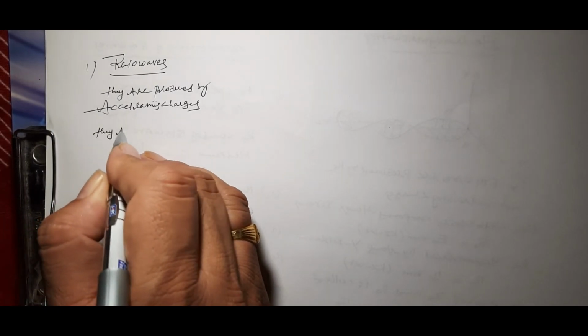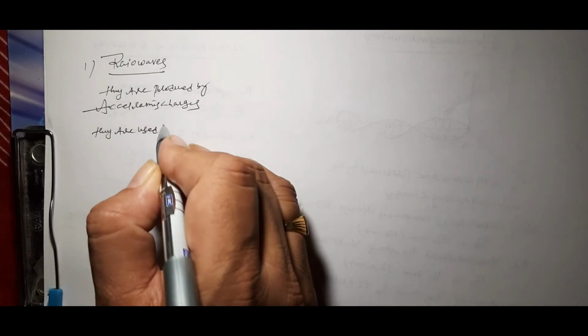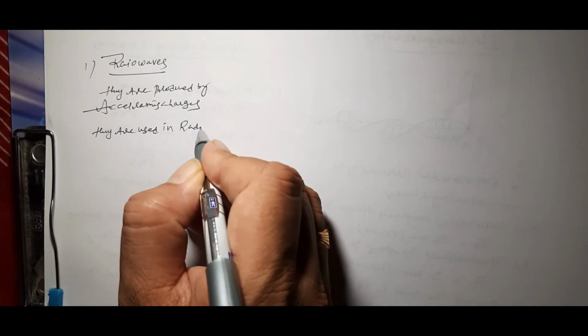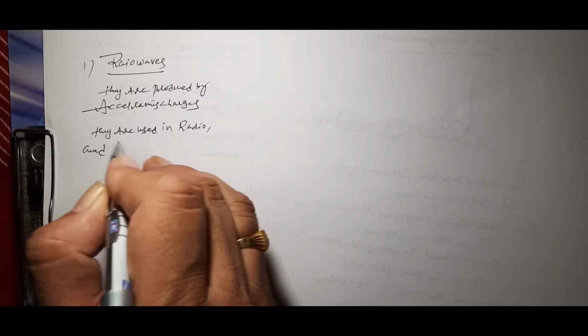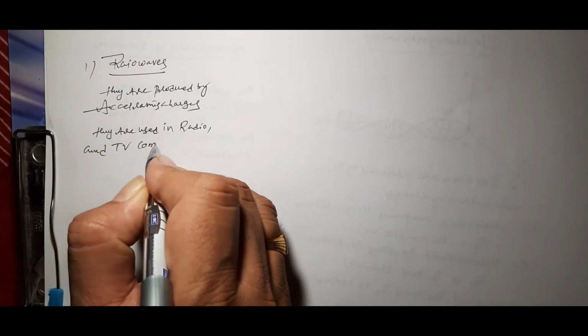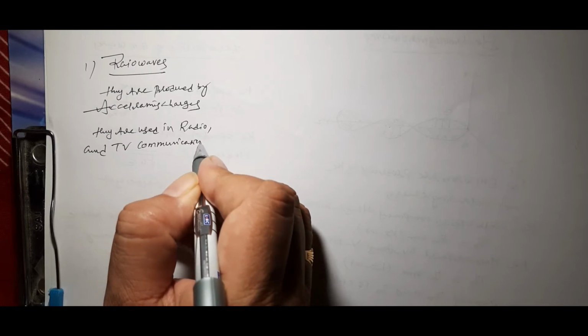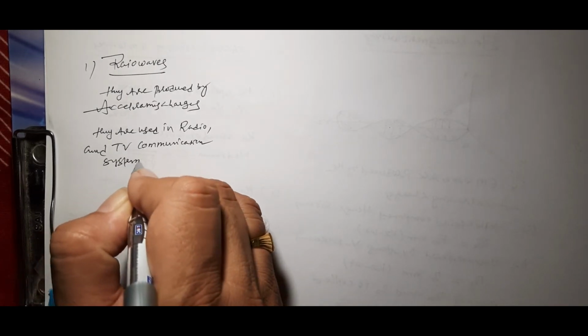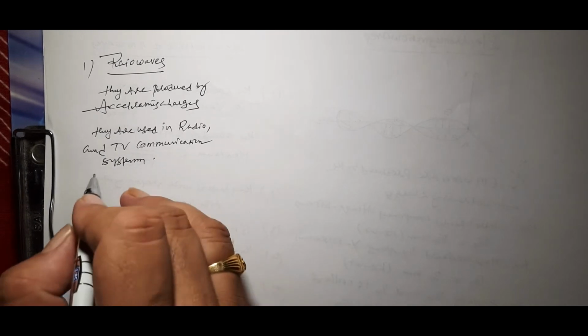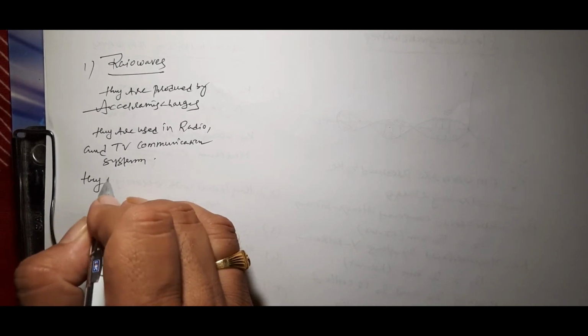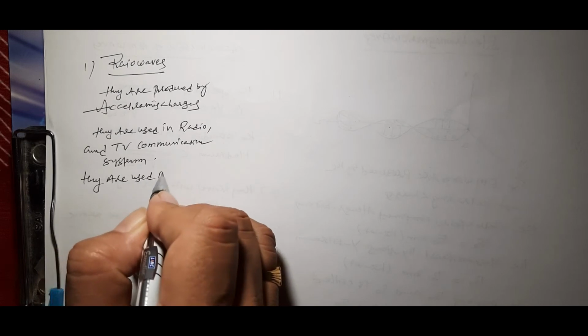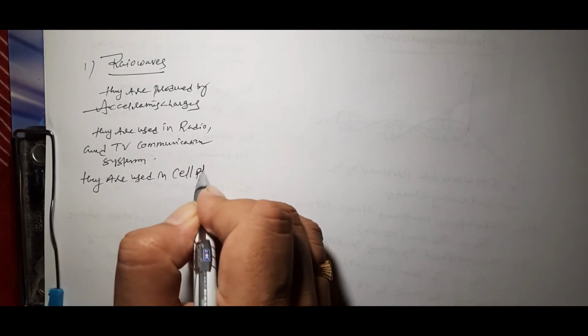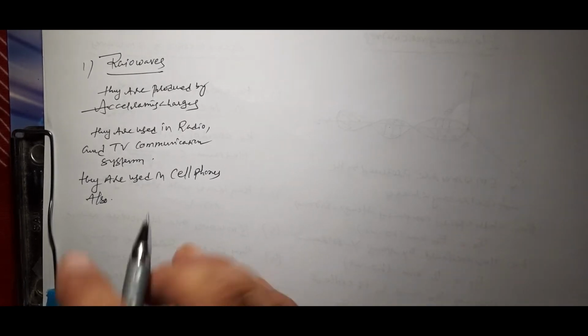So the cell phone communication system also belongs to radio waves. They have a high wavelength.